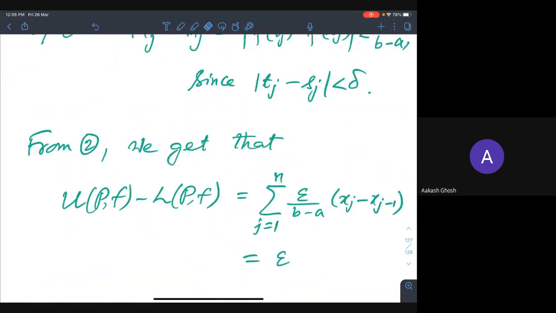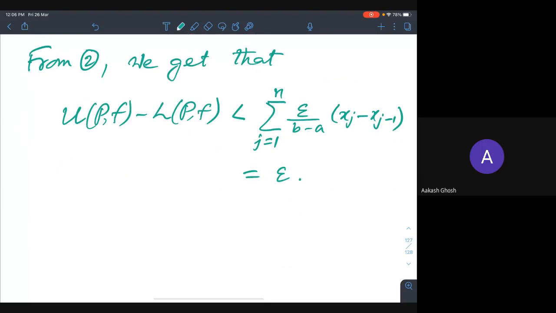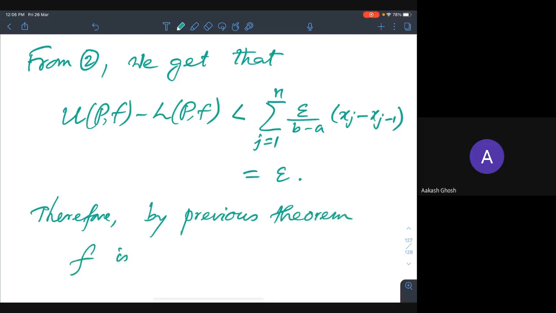Sorry, here it is less than. All right. Therefore, by the previous theorem, f is Riemann integrable.